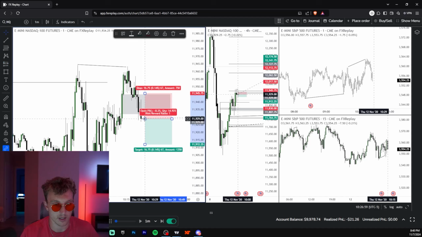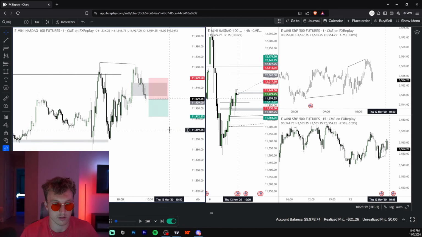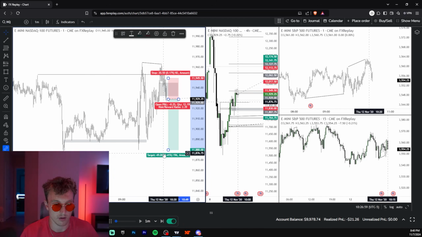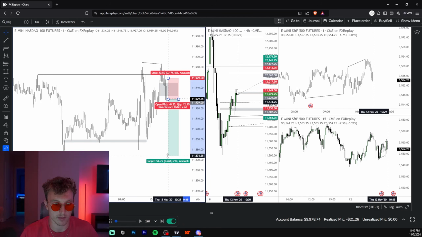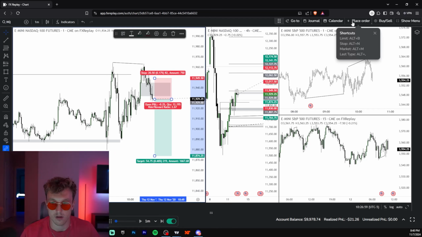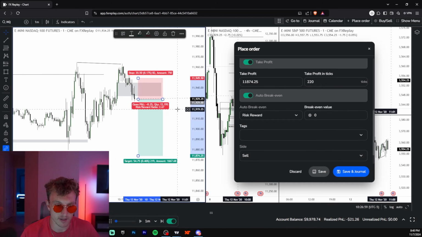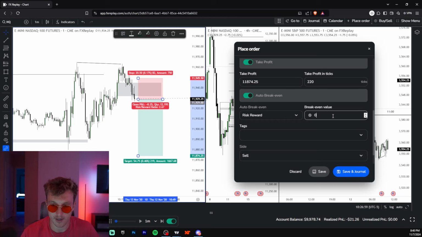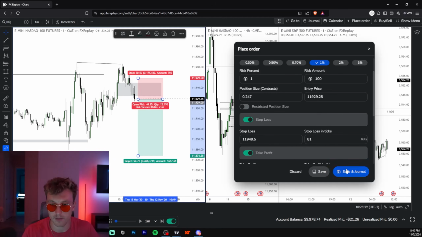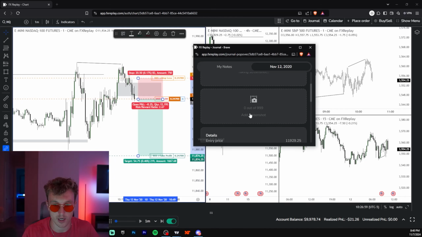So I do like this setup for sure. I would probably target low of day maybe. Place order. We're gonna go auto break even, I want to be careful on this one. Like 11.919 makes sense. Sell market. And we're gonna do save and journal, screenshot.